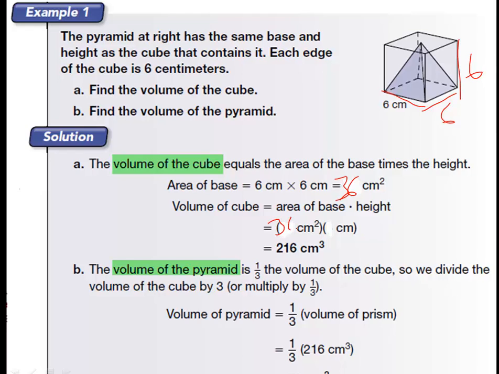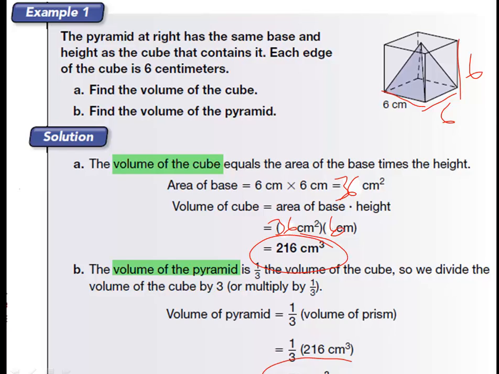So 36 times 6 gives us 216 centimeters cubed. That's the volume of the cube. Now, to get the volume of the pyramid, we just divide the 216 by 3, and we get 72 centimeters cubed.